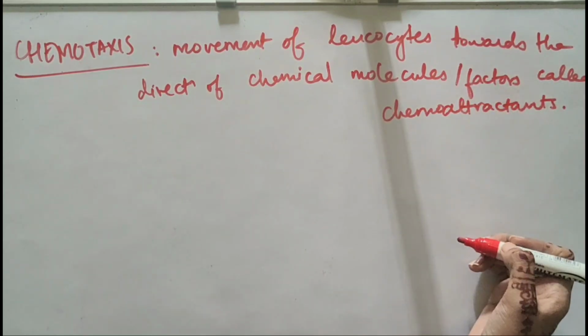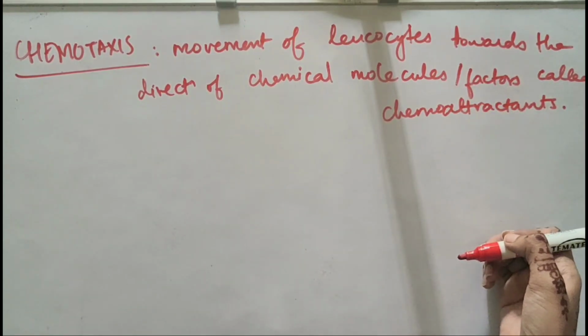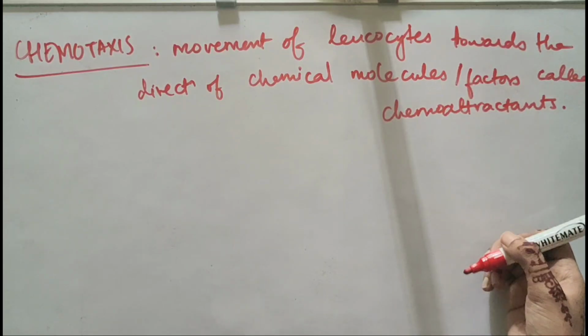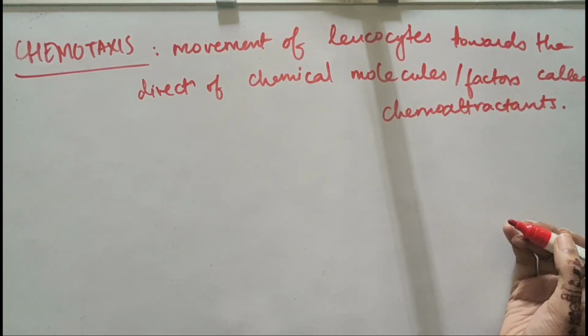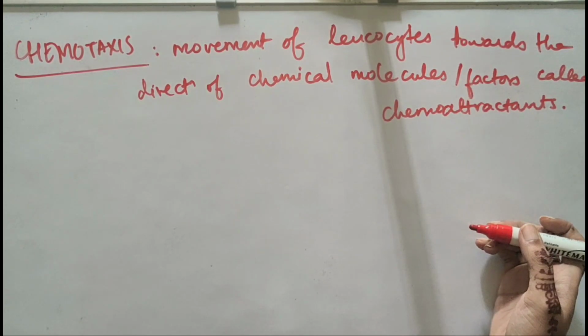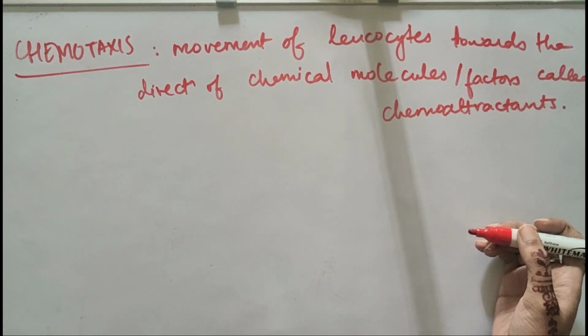So chemotaxis is the movement of leukocytes towards the direction of chemical molecules or factors called chemoattractants.